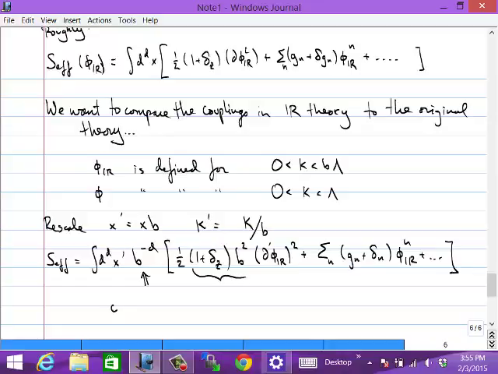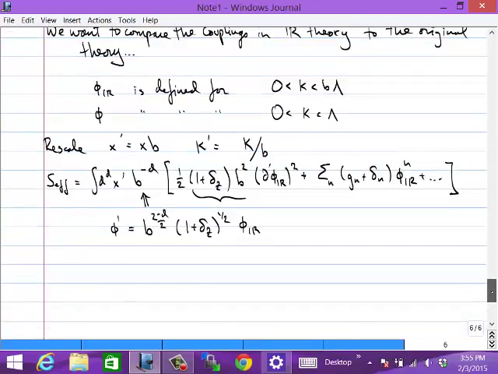So what we want to do then is define phi prime to be b to the, let's see, (2 minus d) over 2, and then we want to remove this wave function renormalization piece, times phi infrared, so that this effective action will then take exactly the form that you want for a standard field, I guess I call that phi prime, with a canonically normalized kinetic term.